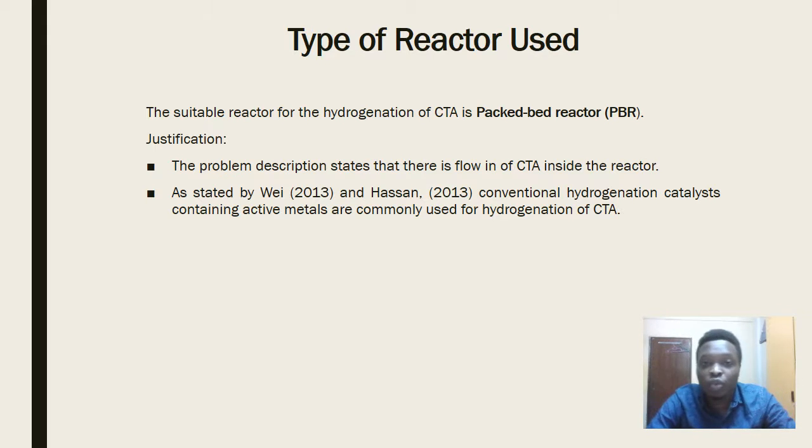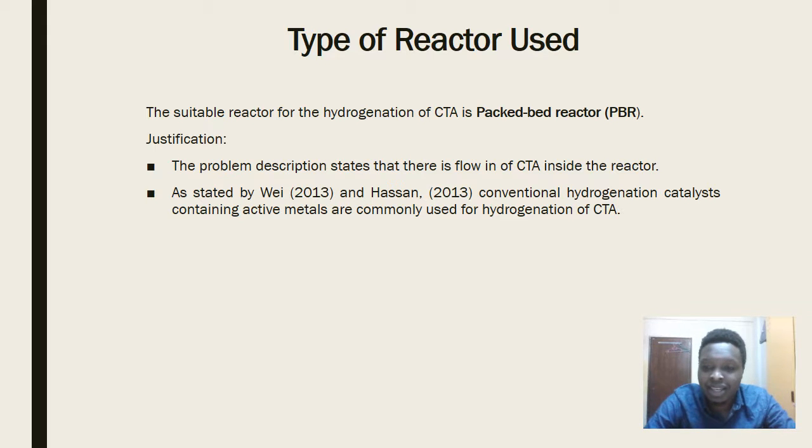So now it remains to be seen what type of flow reactor will be used, because we have CTR, we have CSTR, we have PFR, and we have PBR. Those are the flow reactors we have. So which one of those are we going to use? As stated by Wei 2013 and Hassan 2013, conventional hydrogenation catalysts containing active metals are commonly used for hydrogenation of CTA.